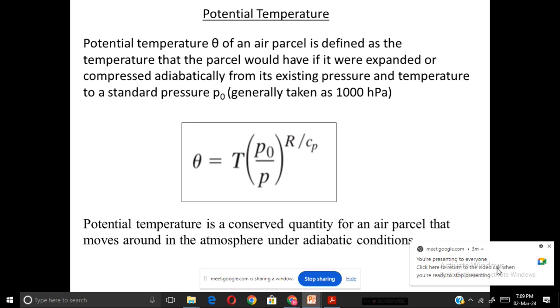If we bring an air parcel from a higher level to a lower level, it will undergo adiabatic compression because the pressure is increasing as we come down. So we are bringing an air parcel present at some level to the sea level, generally taken as 1000 hectopascal. While bringing this parcel by adiabatically expanding or compressing it, the temperature that we get is the potential temperature. Initially the temperature of the parcel was T.